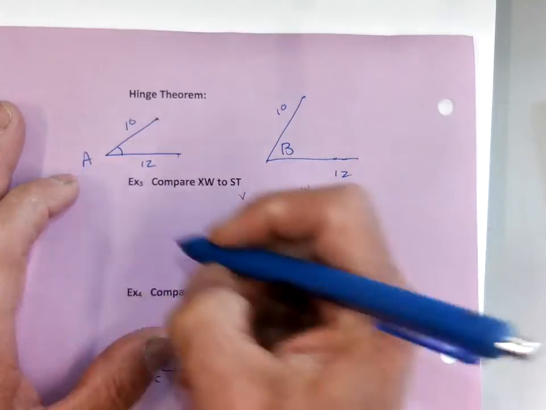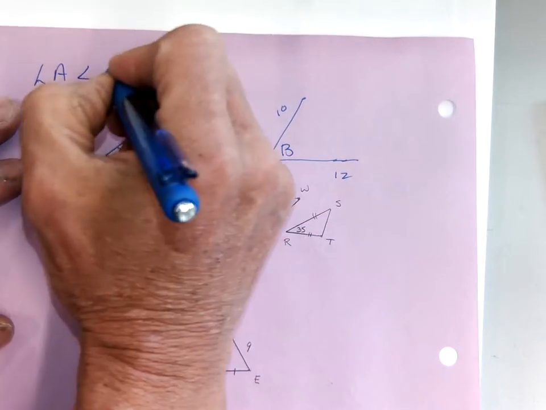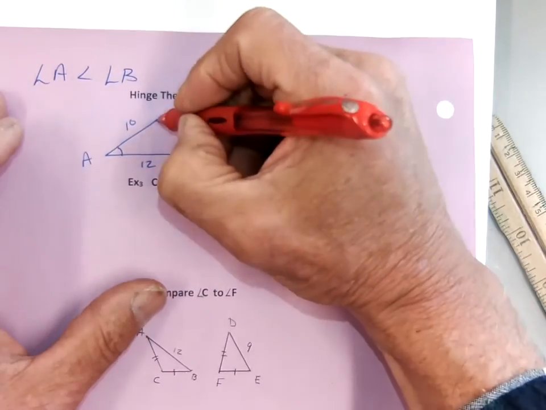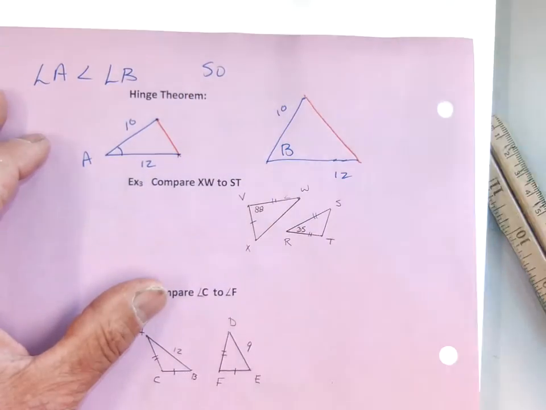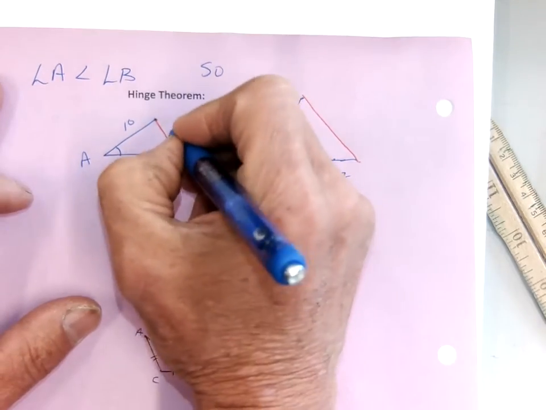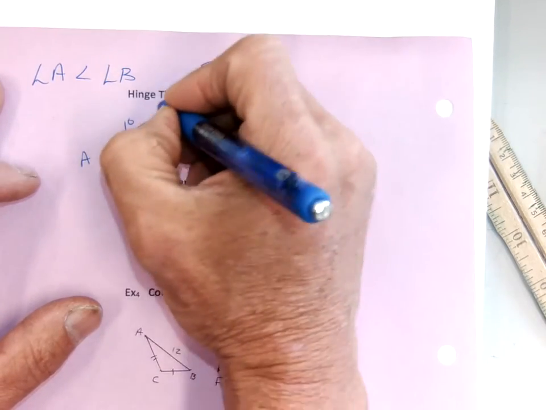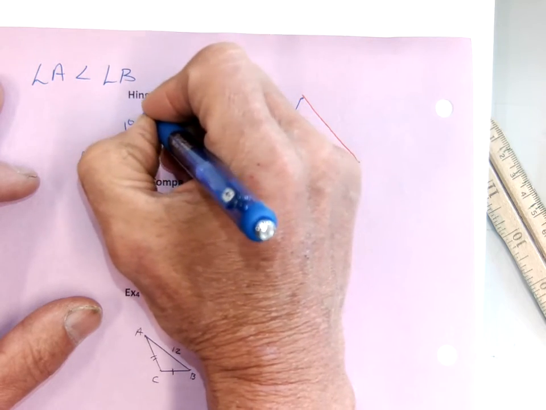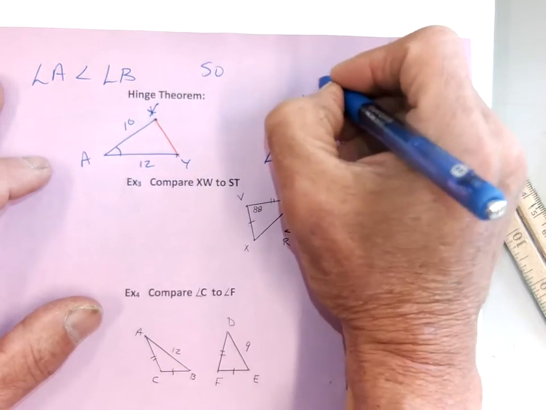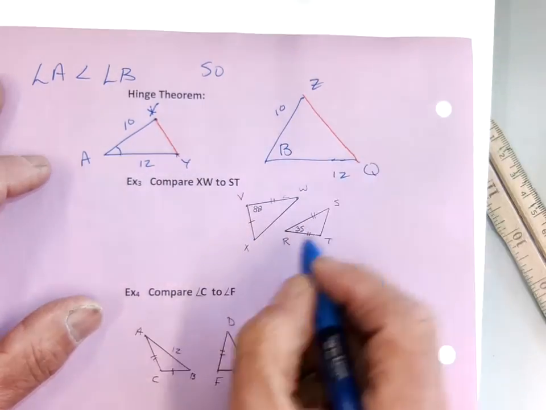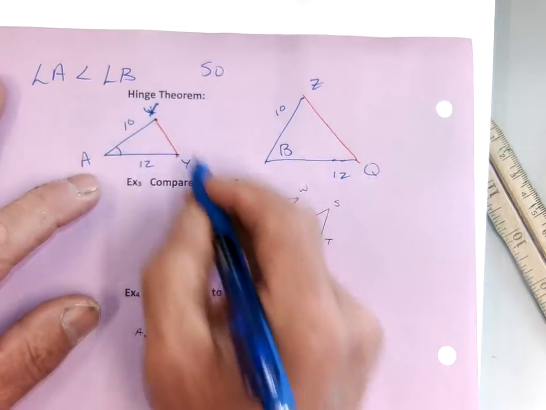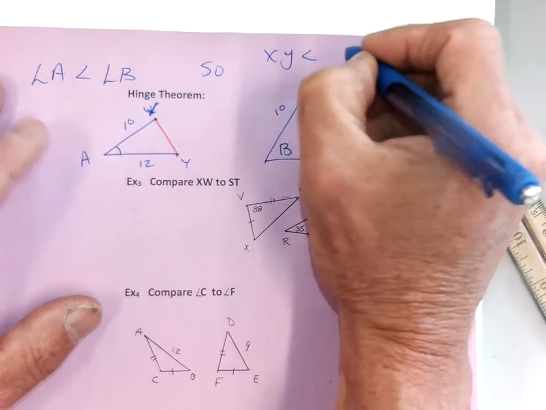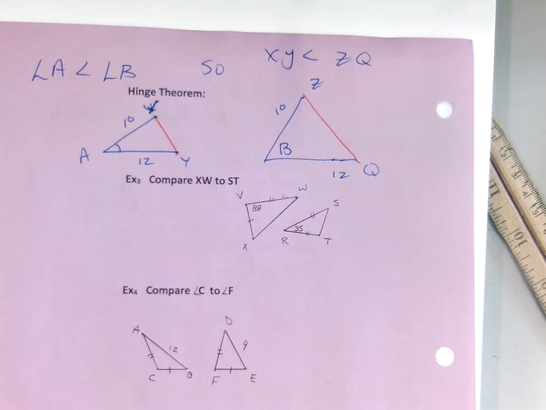We'll just say angle A is less than angle B. Let's call this side X, Y, and Z, Q. It doesn't really matter. So side XY has to be less than side ZQ. That's the Hinge Theorem. Is that easy or what?